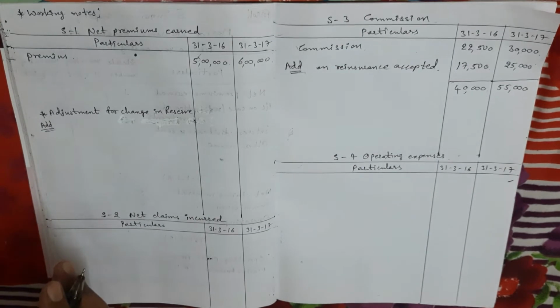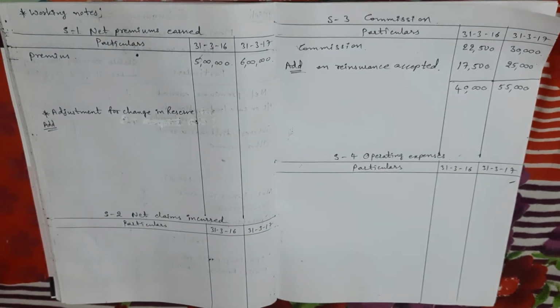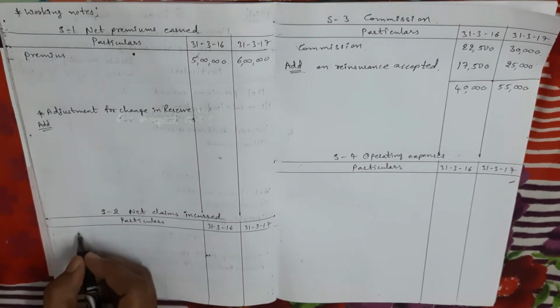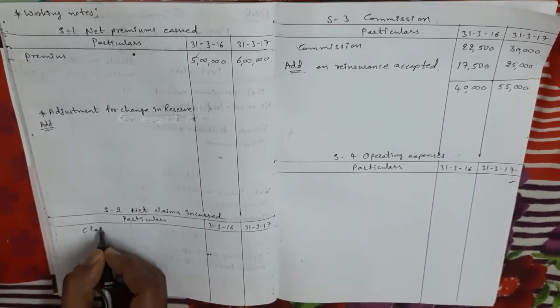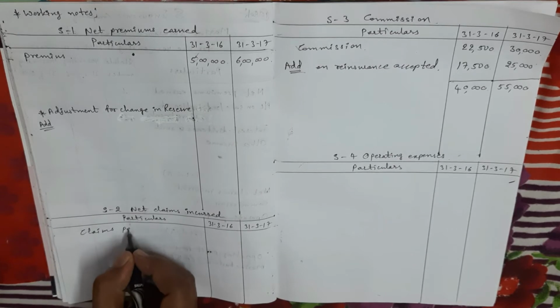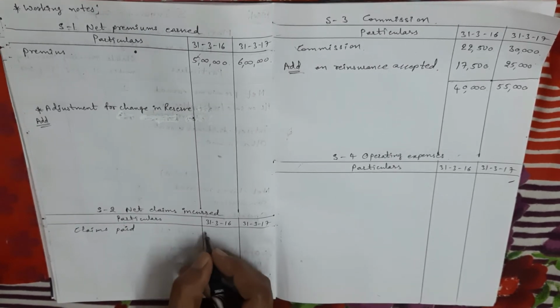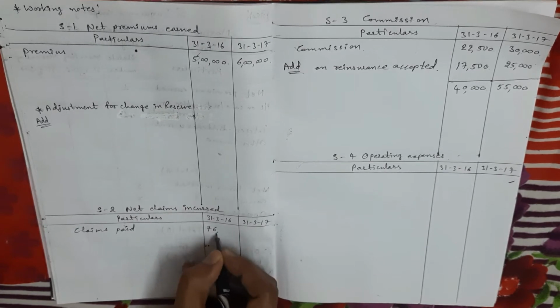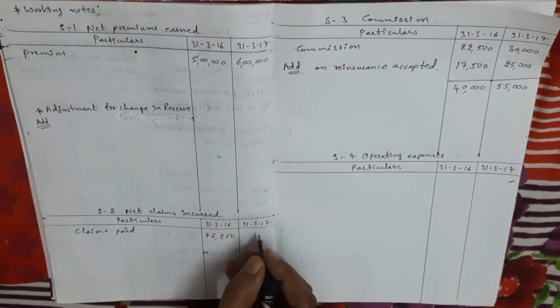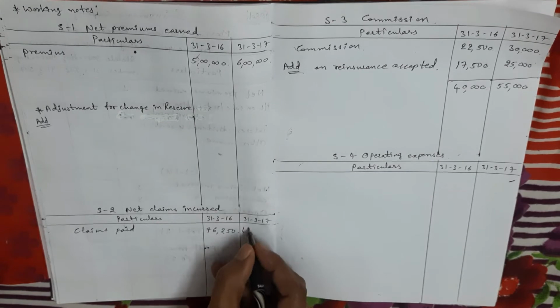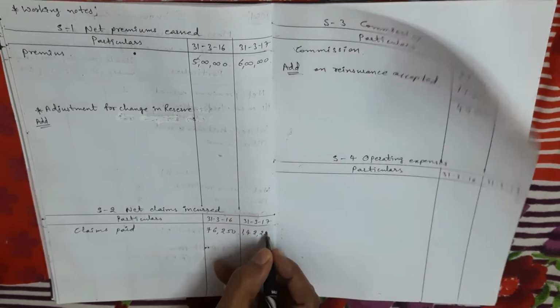Next adjustment, claims under policies. Claims under policies, or claims paid, come in the claim schedule, schedule number 2. Last year's amount is 76,250 and present year's amount is 1,42,250.